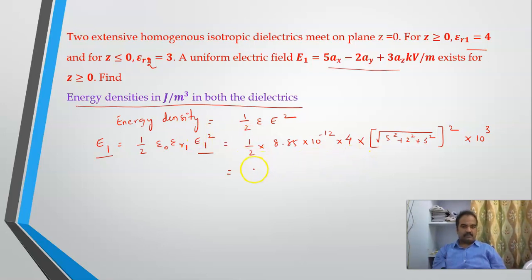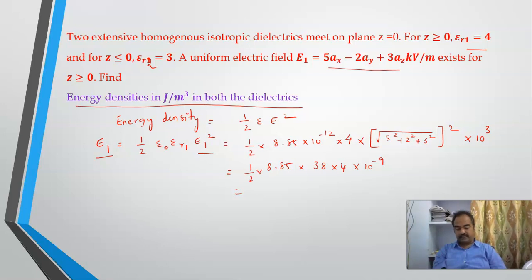So what I'll be getting, half into 8.85 into, this is 9 plus 4, 13, 13 plus 25, it is 38, right? Root 38 whole square, which is nothing but 38 into 4 into 10 to the power of minus 9. So if I calculate it, let me do the calculation on my phone.